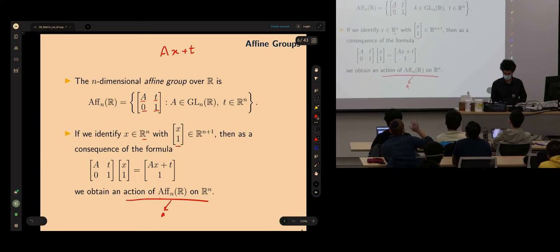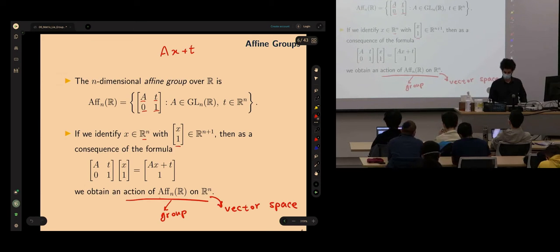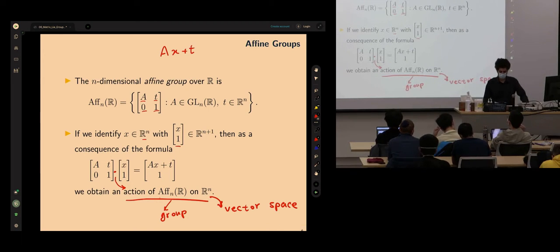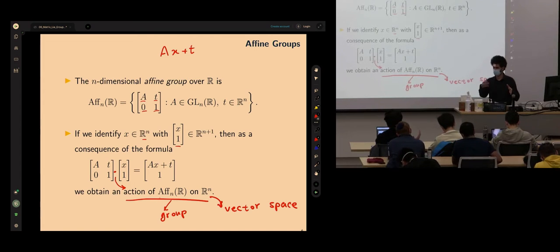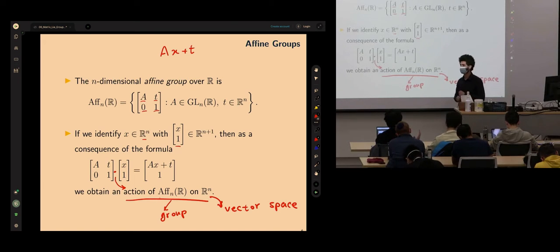This is the group. This is the vector space, which is our usual Euclidean space. This is the action, okay? We use left action. The matrix is multiplied from the left to the vector. You could talk about right action too.